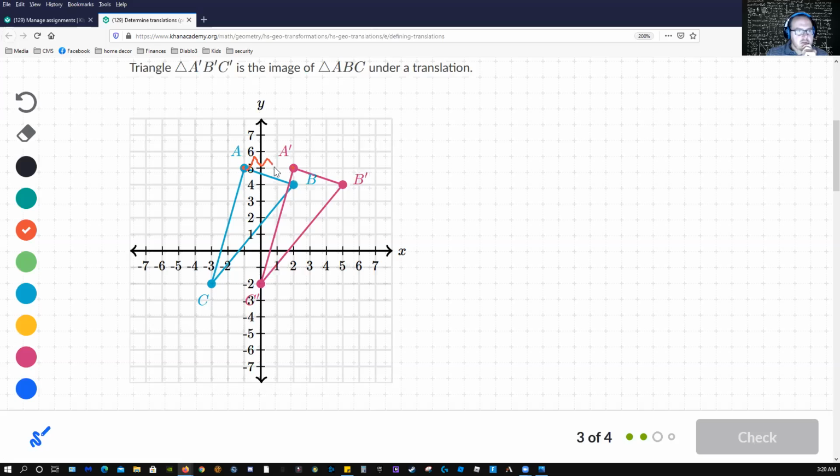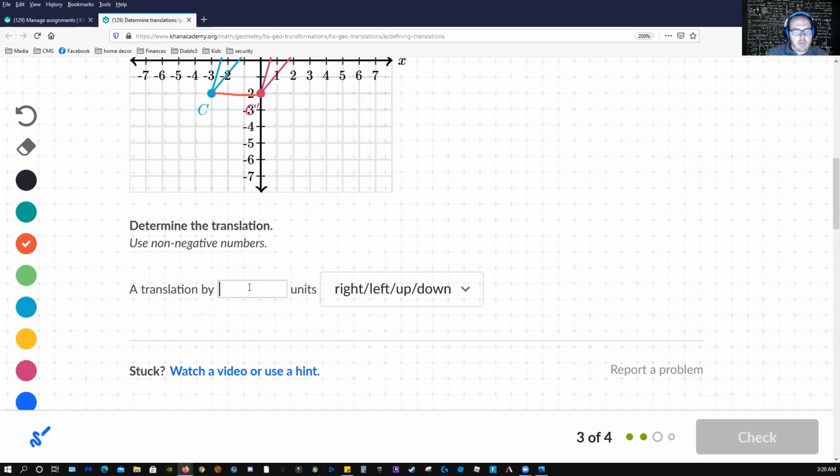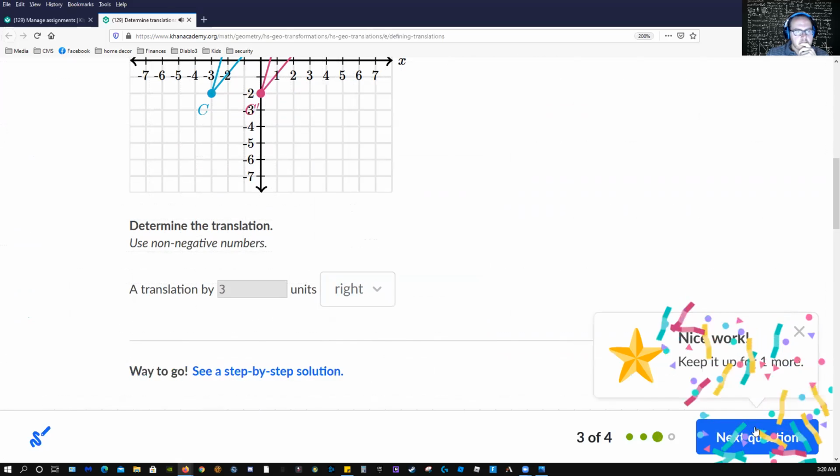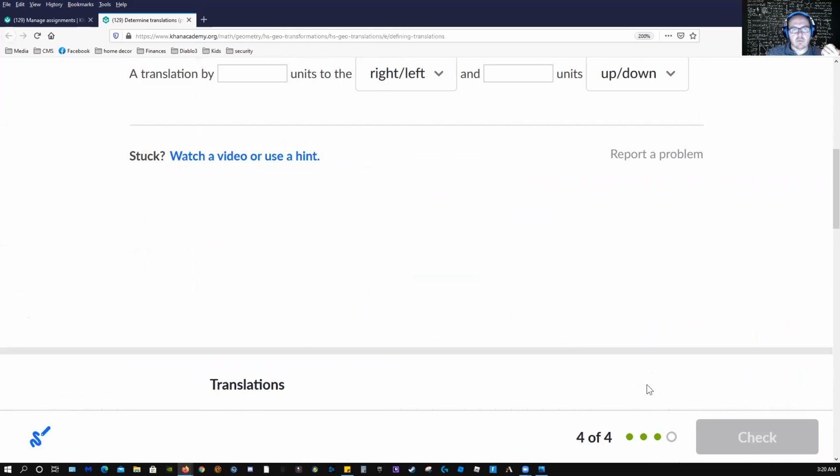That's 1 unit, 2 units, 3 units. So it moves 3 to the right. It didn't go up, it didn't go down. It's just 3 over. So down here, it went 3 units to the right. It didn't go up or down, or else I might have had another box to fill in.